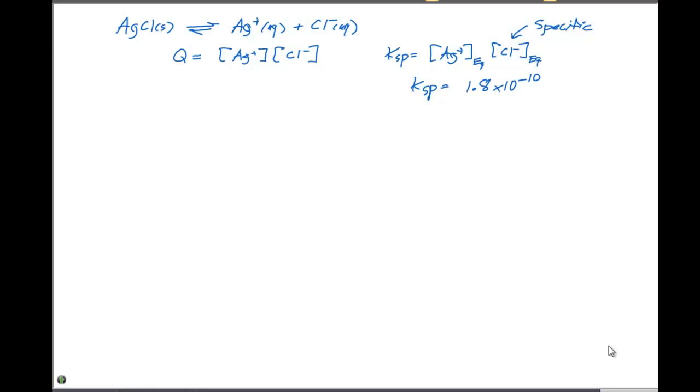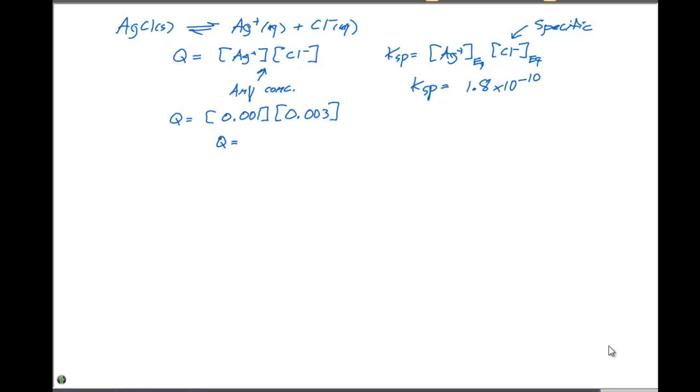So the Q that we're looking at, and this expression right here, can be any concentration. The problem that we've set up and the concentrations that we used is we're going to say that Q is going to be equal to 0.001 for the silver plus, times 0.003 for the Cl minus.